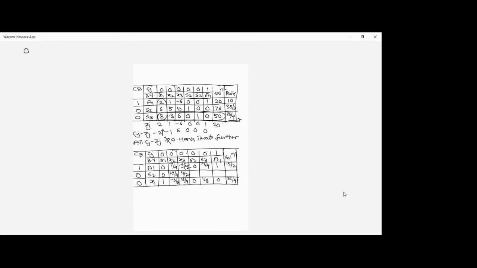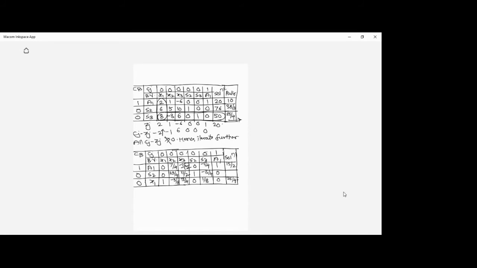Next, we have 1 minus 0 into 6 divided by 8, that comes out to be 1. Next, we have 0 minus 1 into 6 divided by 8, and that comes out to be minus 3 by 4.